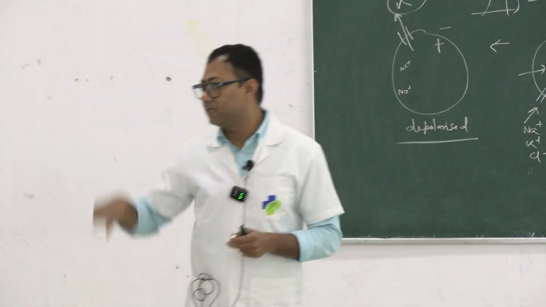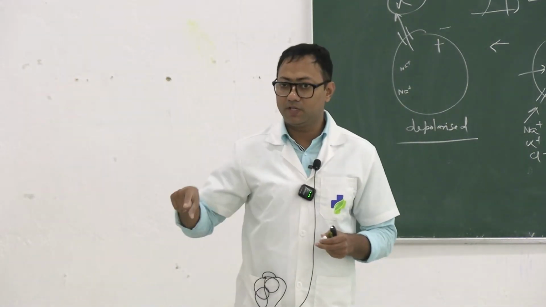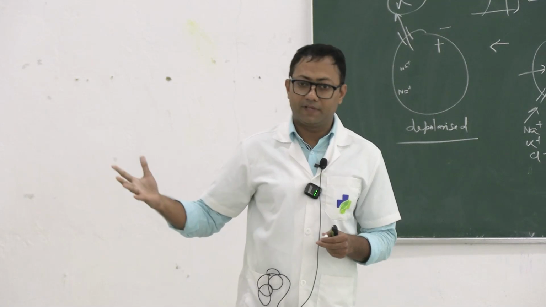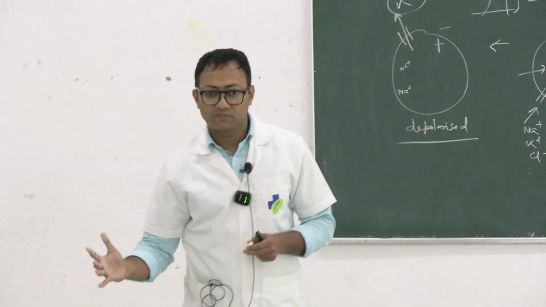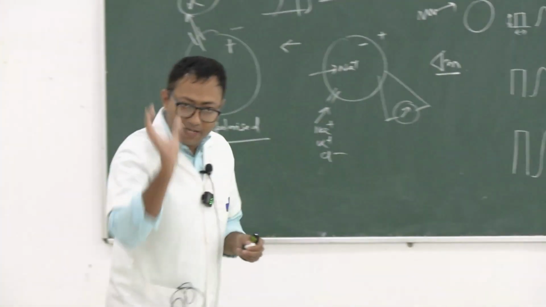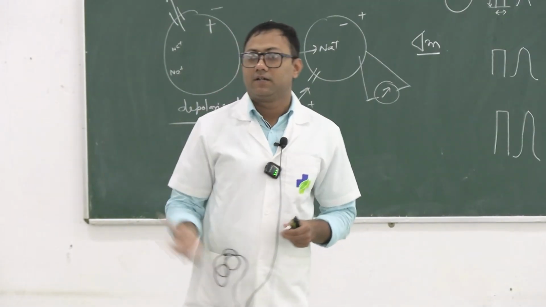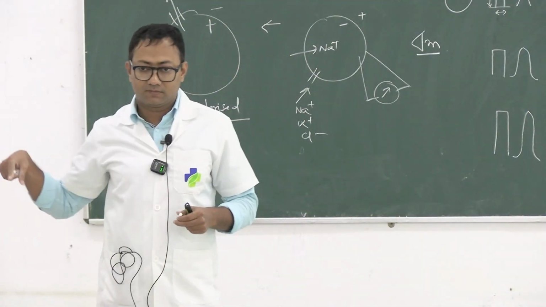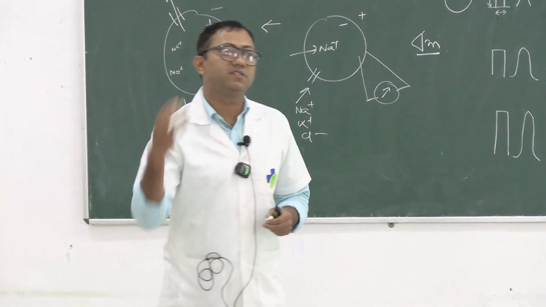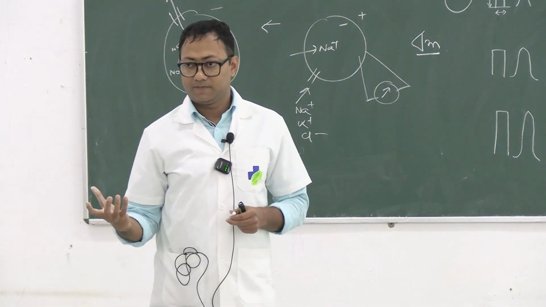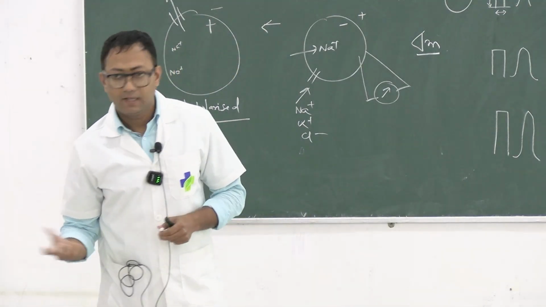And I am increasing the stimulus, increasing the del Vm. But a point will come when I will apply some amount of stimulus, definitely greater than before, but the result is huge, not in proportion to the stimulus applied. Getting my point?